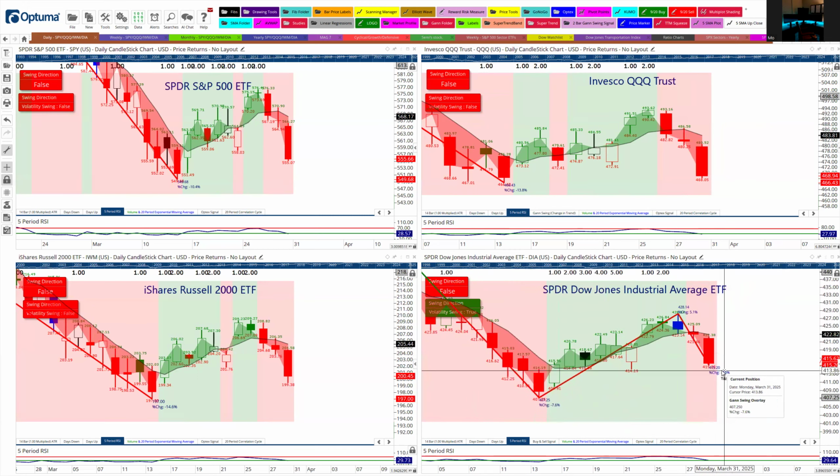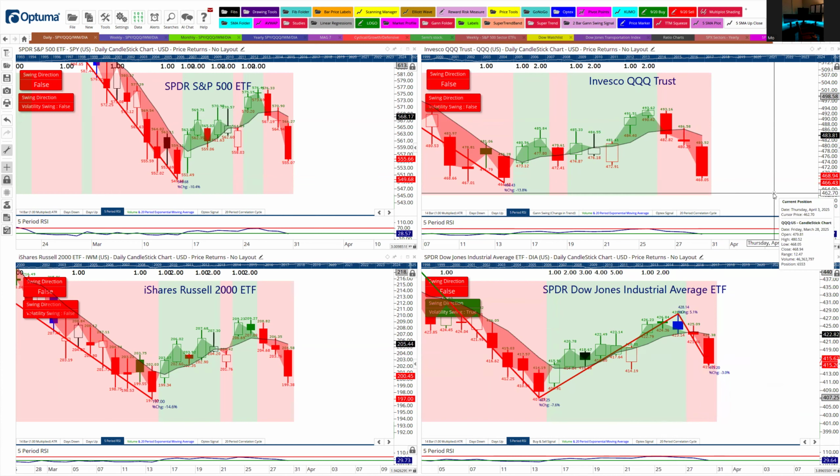Now this turned down yesterday. So once it turns, it's going to take some time again. When the swing turns down, it doesn't instantly go right back up either. So keep that in mind, that's another thing too.